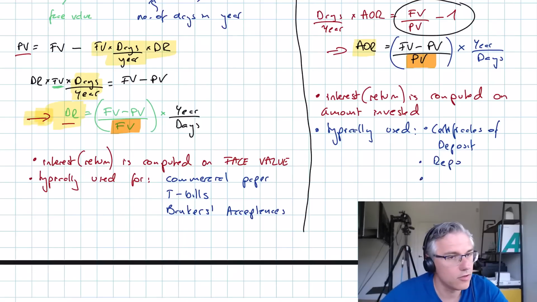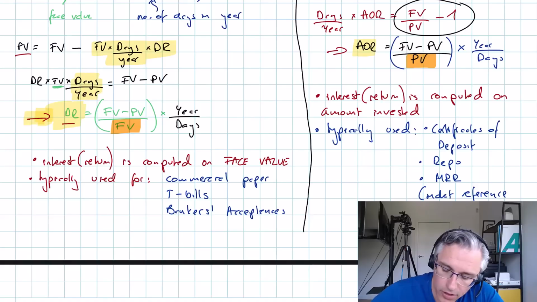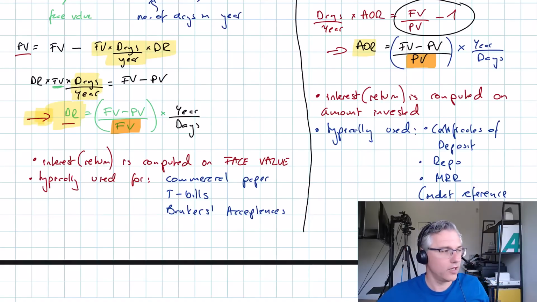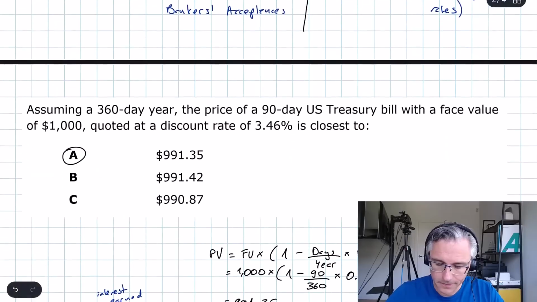It also gets used for MRRs, market reference rates. So when market reference rates are computed or derived, they are typically done under this approach, under this sort of basis of computation. Right. Let's do a numerical question on this.